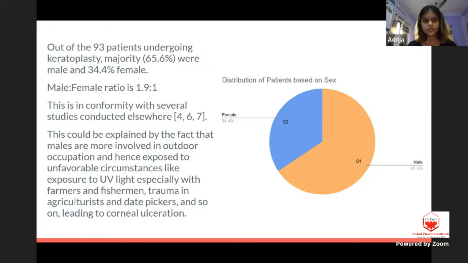A reason for this could be the fact that males are exposed to outdoor occupations, and given our socioeconomic conditions, they are more exposed to trauma in agriculture and industrial sectors. Another reason could be that women in a large part of our country face negligence due to various causes, and hence corneal defects in them may not present to the OPD at all.